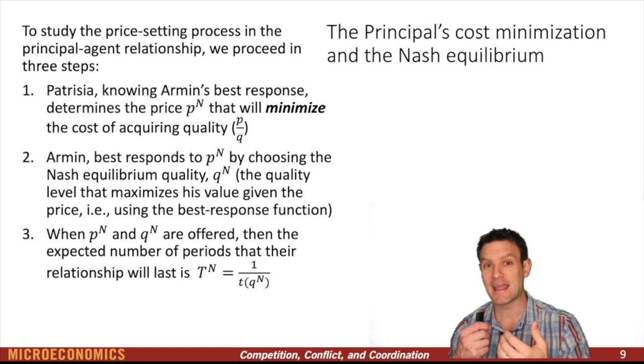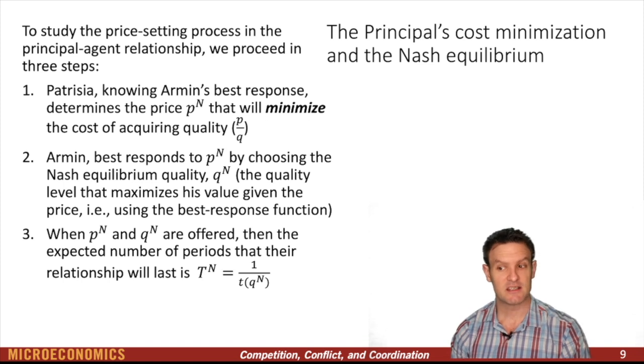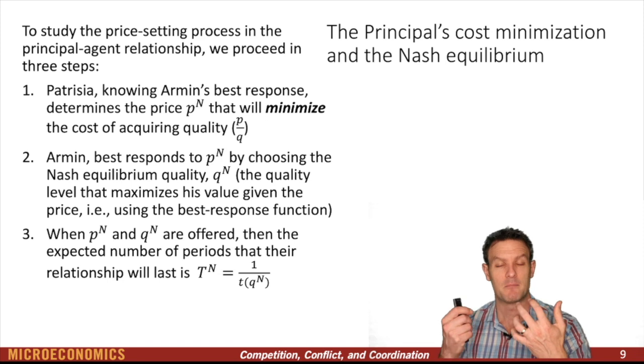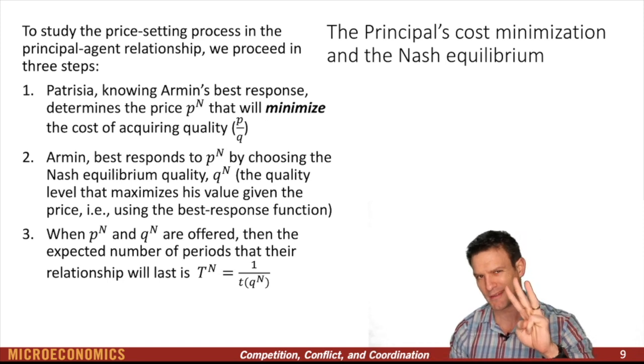And then where PN and QN are offered, the expected number of periods for the contract is going to be TN, the expected lifetime of the contract in Nash equilibrium, which is equal to 1 over T as a function of QN, T as a function of the Nash equilibrium level of quality. Okay, so those are 3 steps that we're going to be thinking about.